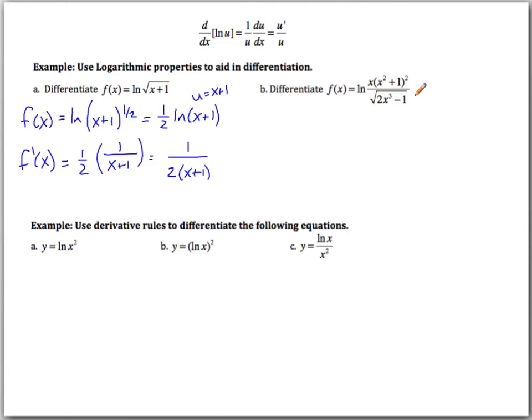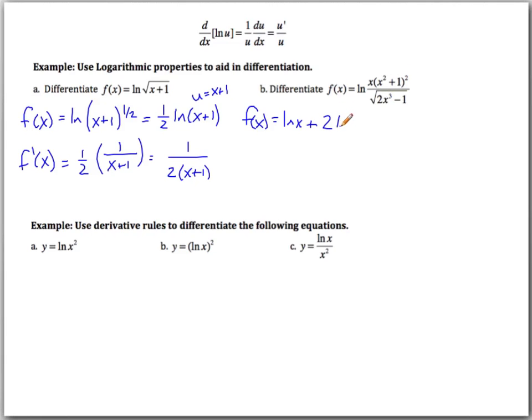All right, let's try our next one. First thing we want to do is expand our natural log function here. So I see x times this divided by this, so we get the natural log of x plus, okay, then we have x squared plus 1 raised to the power of 2. So let's go ahead and bring that 2 out in front.